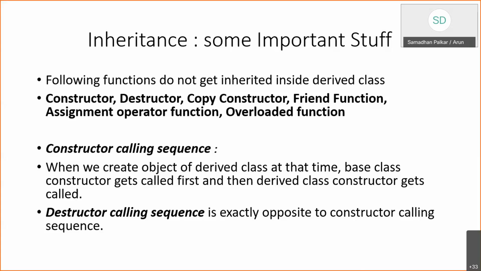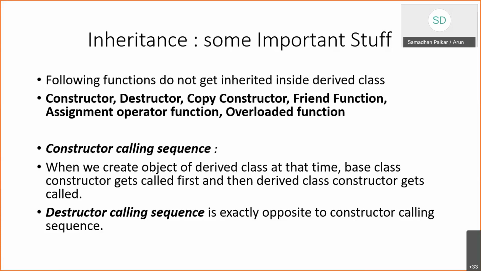One more important point here is, if the constructor is not inherited inside the derived class, then what about the constructor calling sequence of the base class and derived class?